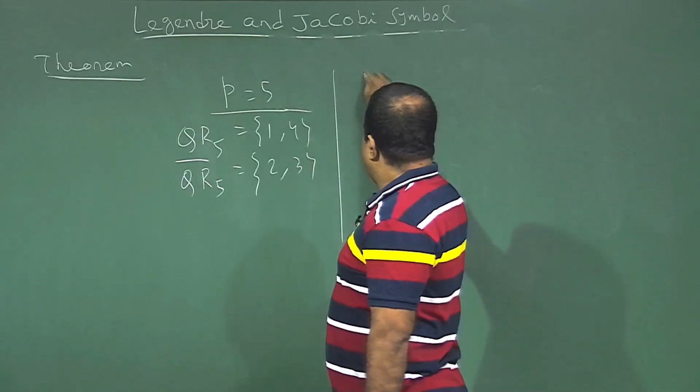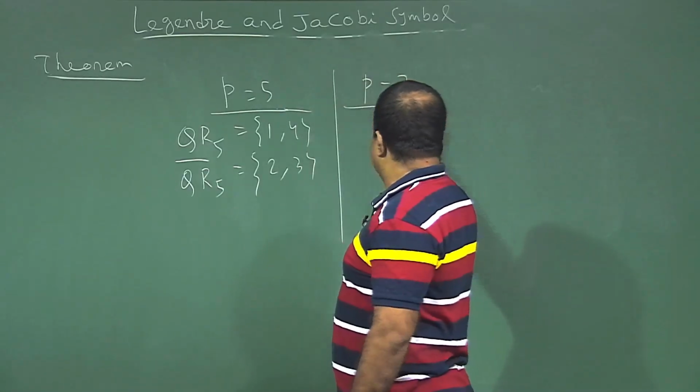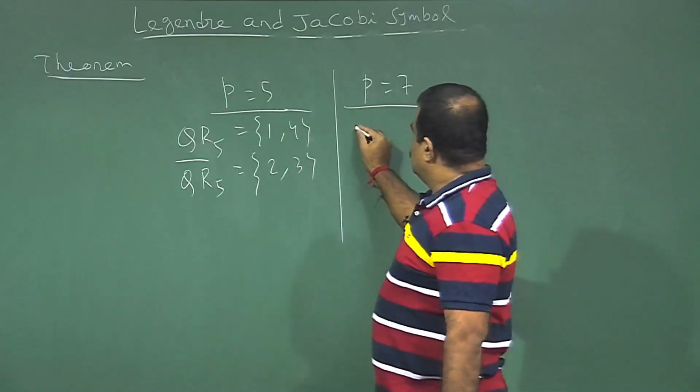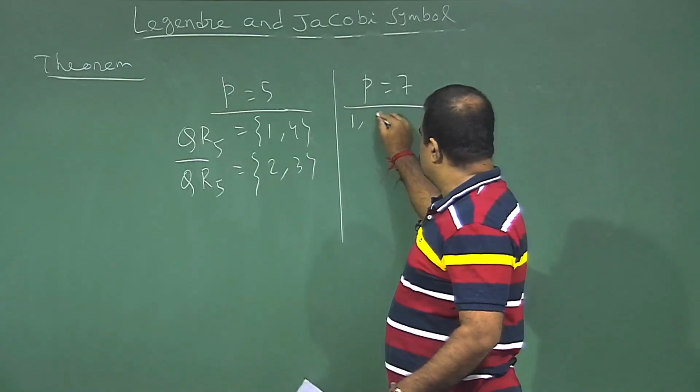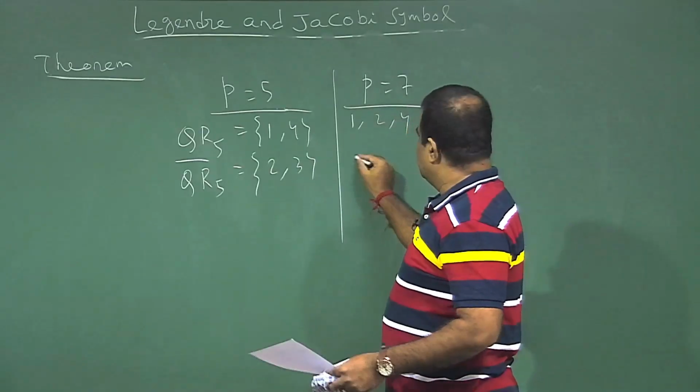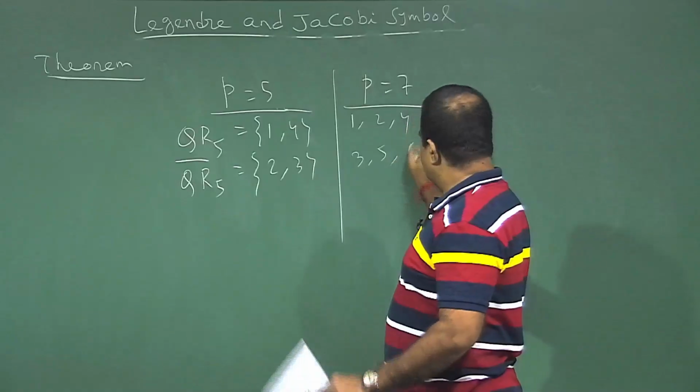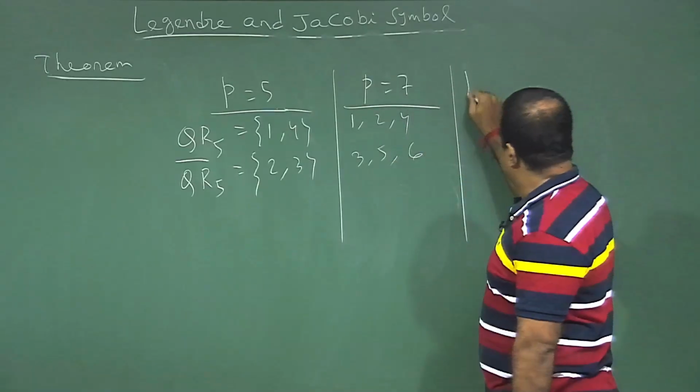Okay. And for P equal to 7, the quadratic residues are 1, 2 and 4, and the quadratic non residues are 3, 5 and 6. This can be easily verified.